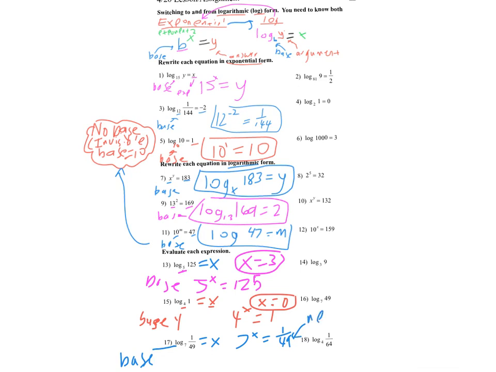Since it's on the bottom, this is going to be a negative exponent that sends it to the bottom. And so I know x is negative since it's on the denominator. And then what turns 7 into 49? Well, that's a squared. So it's going to be negative 2. So anytime you're moving it to the bottom, it's just going to be the negative version of that exponent.